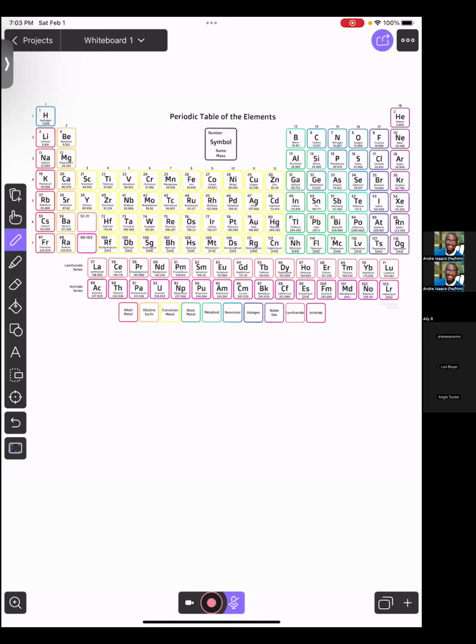Really, the long and short of it, we're going to number these columns 1, 2, 3, 4, 5, 6, 7. This is 8. That tells us the number of valence electrons present on that atom, and it'll be trying to get to 8.